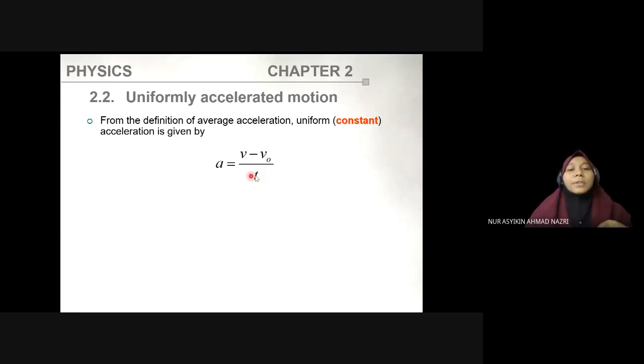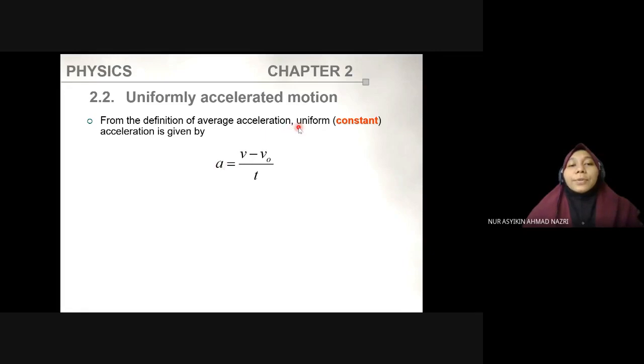Definitely this is the change of time, but since we are dealing with algebraic expressions, we do not write delta here. The time is a period of time. This is the final velocity, this is the initial velocity. So final velocity minus initial velocity over time gives average acceleration.